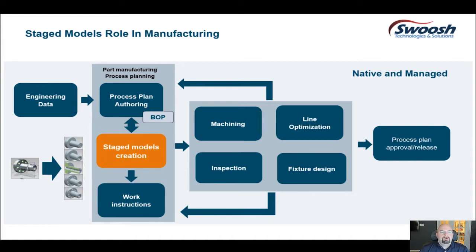You can also go ahead and reuse that stage model definition and send that down to your other operations, such as machining, inspection, line optimization, and reuse that information to start your fixture design processes as well. So this is how or where the stage modeling creation process lives within the entire design process here.